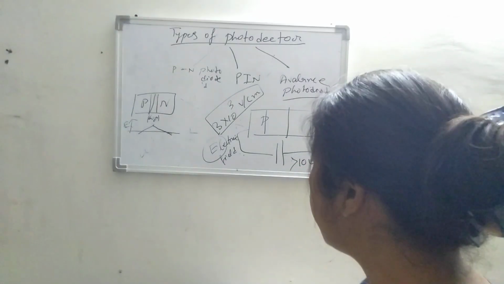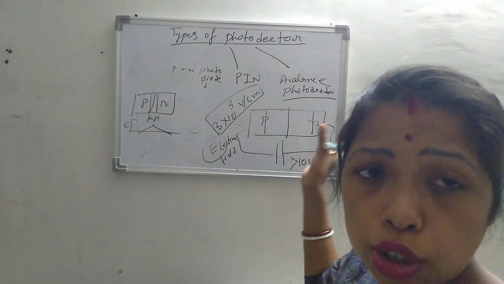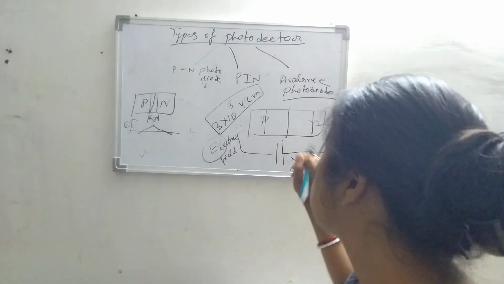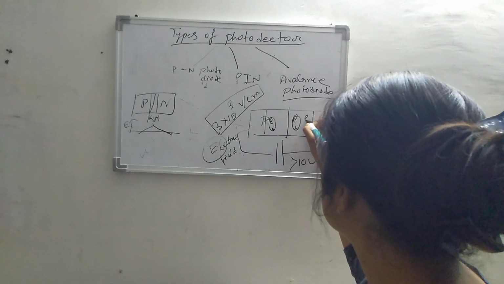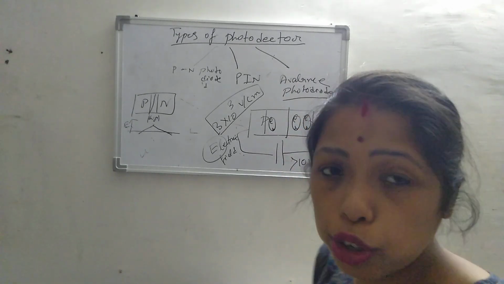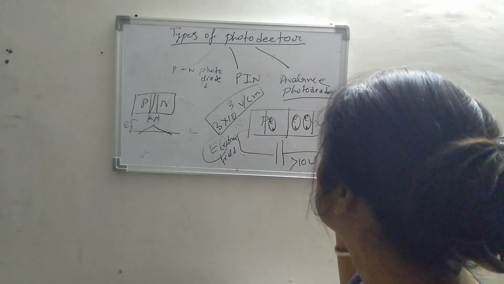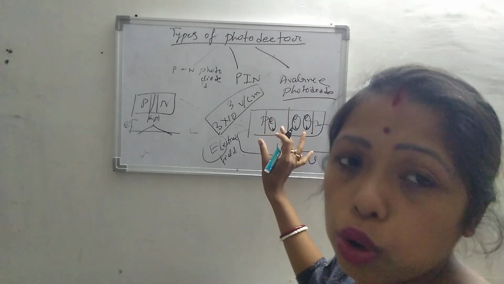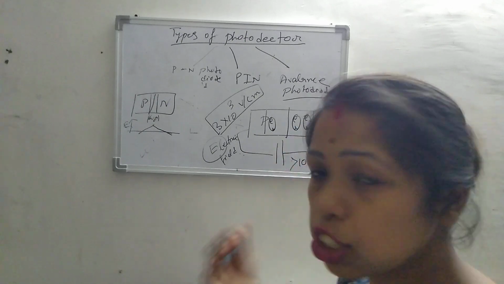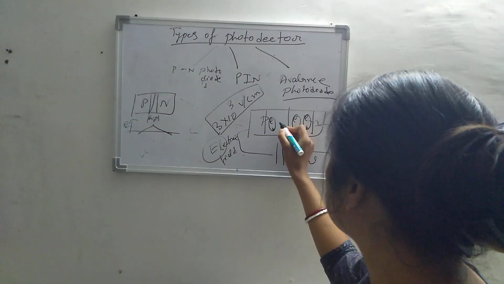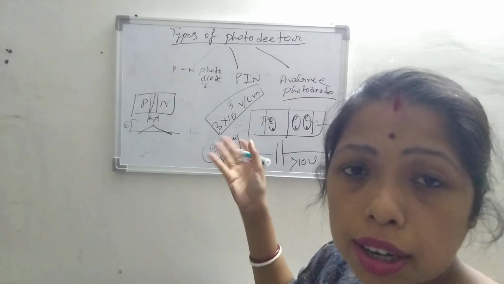Then what will happen? Suppose the depletion region is also wider in this case. Suppose electron hole pairs are produced with the application of incident light. As the electric field is very strong, after creation of the electron hole pair, the pair will be transported through the junction.